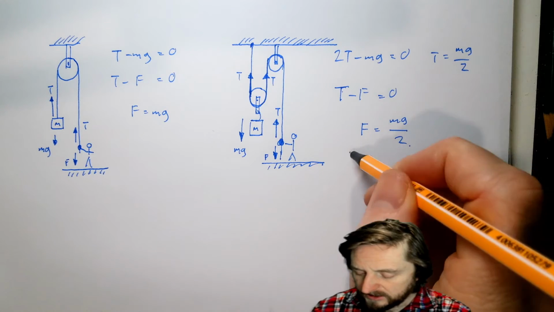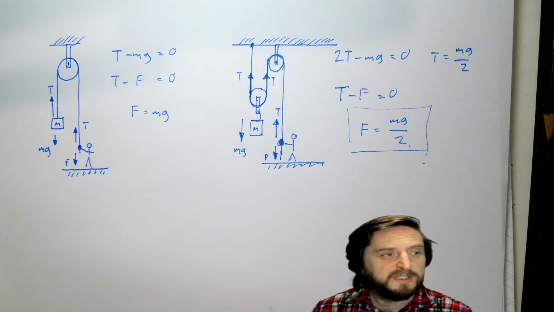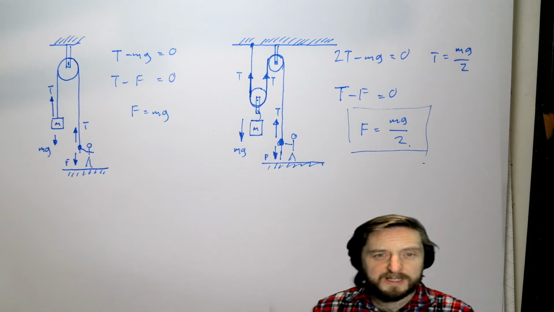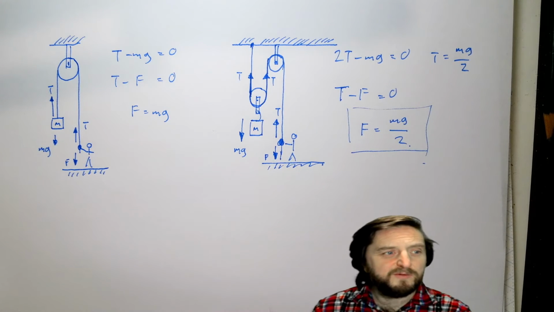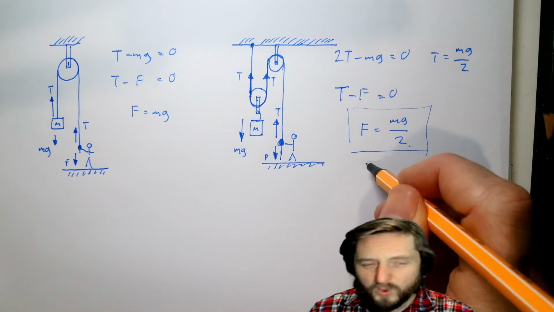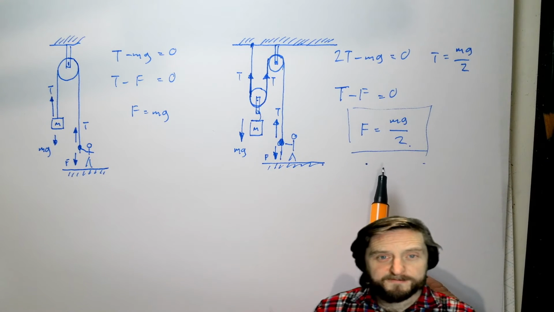Now you might be thinking, that's just awesome. Why don't we just have 1,000,000 pulleys and make the weight completely negligible? Wouldn't we be able to do anything? Wouldn't we be able to lift anything then? We'd seem to be getting force for nothing. Well, it's not for nothing, and we'll see later that there is a payoff for doing this.